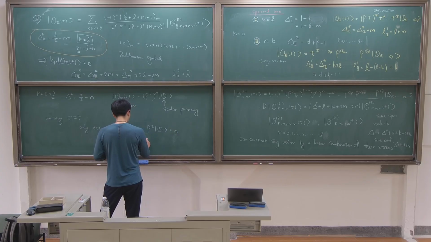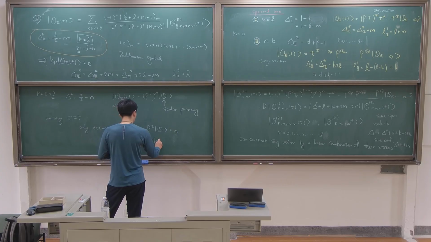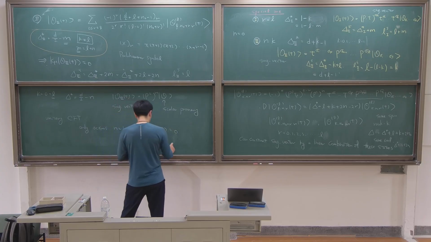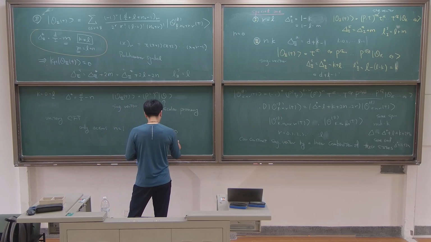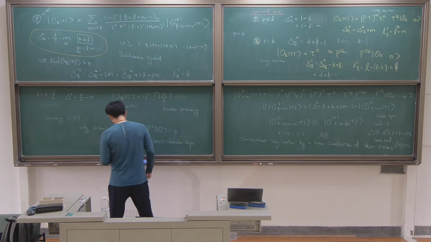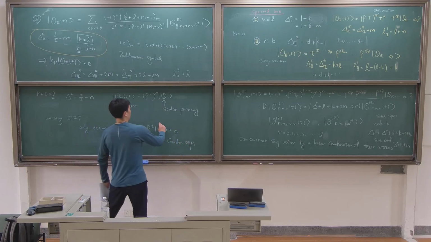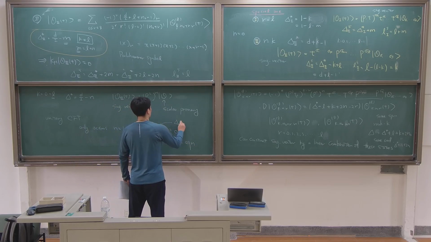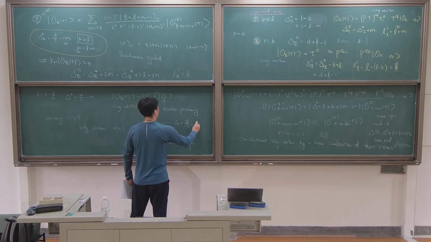This is equivalent to the Klein-Gordon equation. And this has the conformal dimension delta equal to d over 2 minus 1.